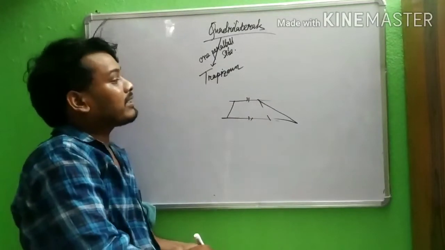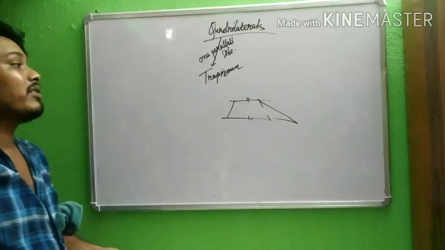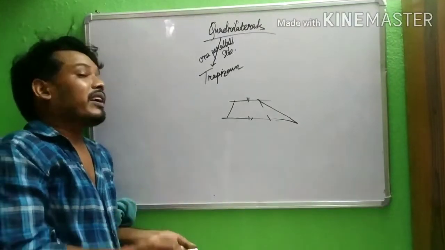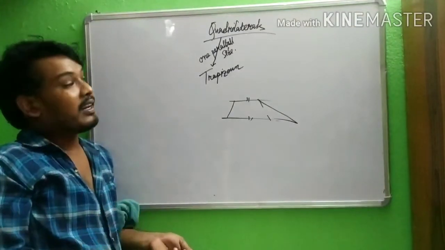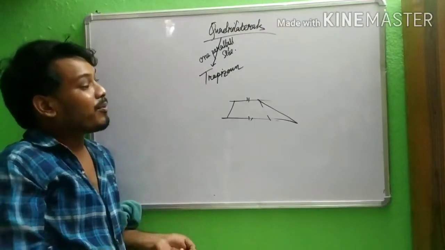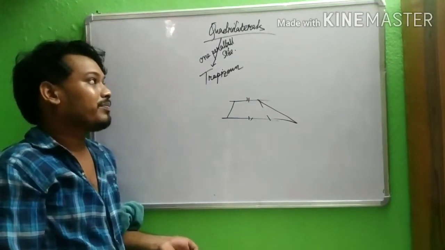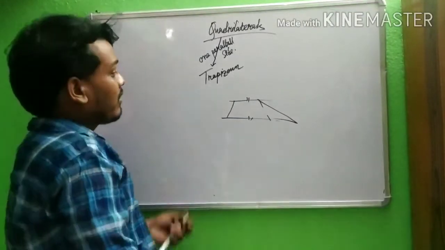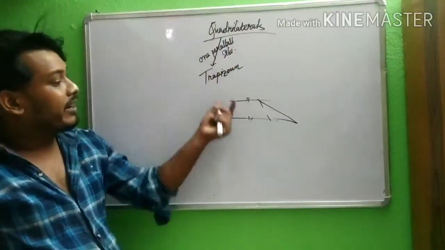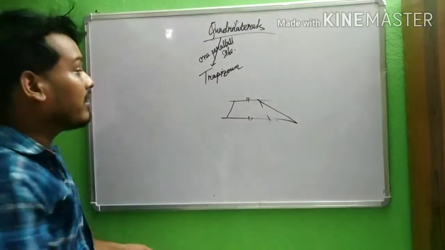So what is a trapezium? A trapezium is a quadrilateral whose one pair of opposite sides are parallel.